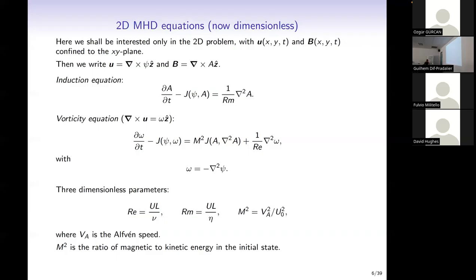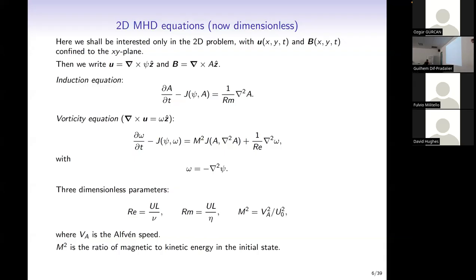This is going to be critical to everything that I'm going to be talking about. M squared is, various ways you could think about it, the ratio of the Alfvén speed squared to the fluid velocity squared. It's the ratio of magnetic energy to kinetic energy. Probably a good way of thinking about it.